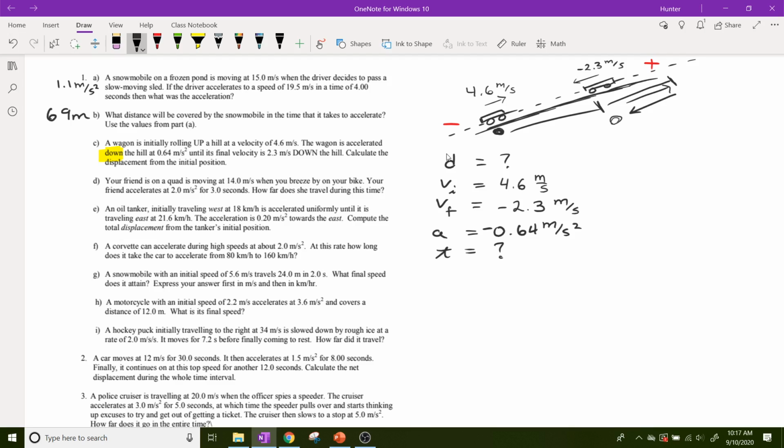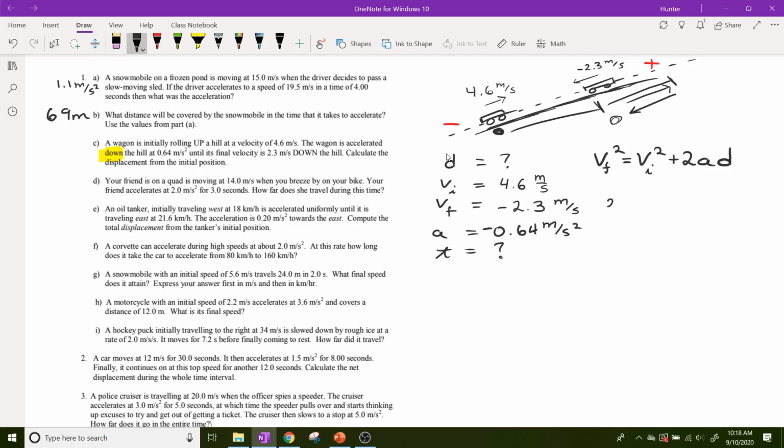I think that's the second one, right? VF squared equals VI squared plus 2AD. We do have acceleration. We have VF and VI. We can solve for this one and just be done with this problem.